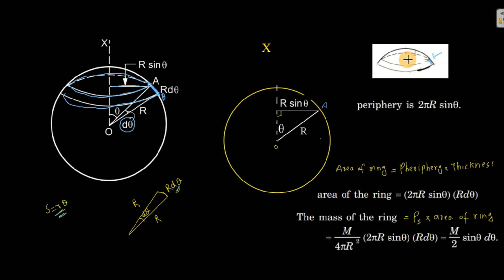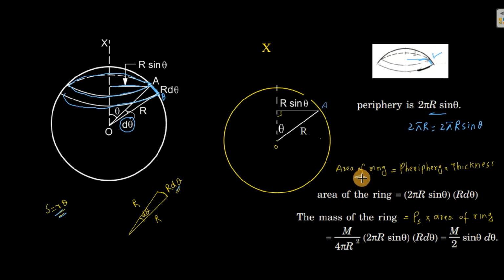The radius of this ring is r sin theta, and the circumference of this ring or periphery of this ring is 2 pi r sin theta, because we know that the circumference is 2 pi r, but here for this ring the radius is r sin theta, so the circumference of the ring is 2 pi r sin theta.